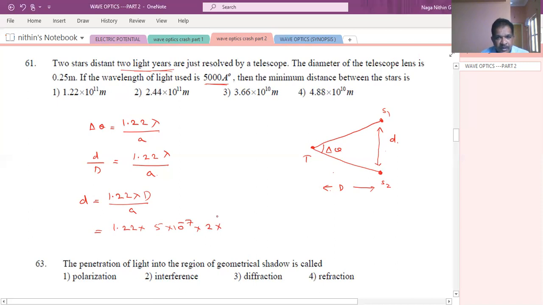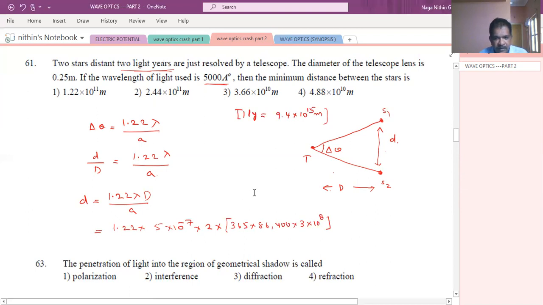Any clue given for light year? So the distance traveled by light in one year. 1 light year value will be equal to 9.4 into 10 power 15 meters, the distance traveled by the light in 1 year. 1 year is 365 days, and 1 day has 86,400 seconds, into c, velocity of light, 3 into 10 power 8.